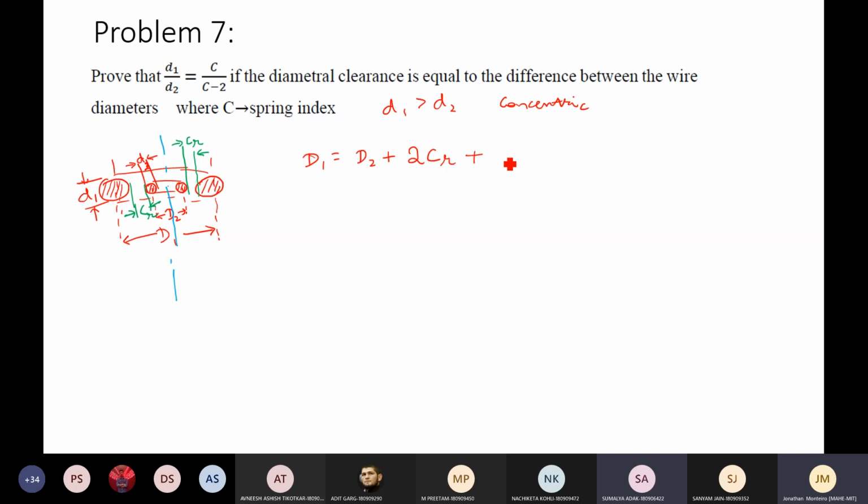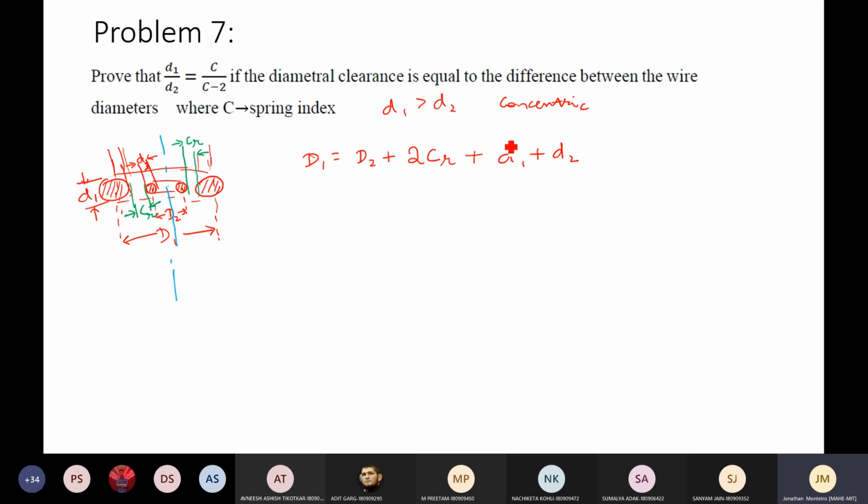So small d1. Small d1. Correct. You can think of it as radius also, or the diameter itself. Simply speaking, it is d1 plus d2. How did we understand this? See, on either side there are wire diameters. This distance is half of d1, and there is one more half here.